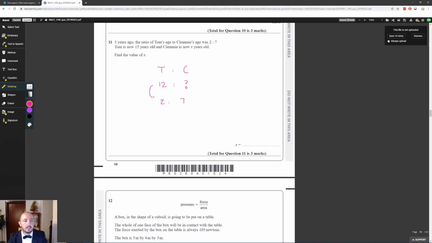So to go from 12 to 2, we divide by 6. So we would do the reverse in this process. 7 times 6 would be 42. So 3 years ago, Clemmie was 42. So we now have to add on the extra 3 to get 45.